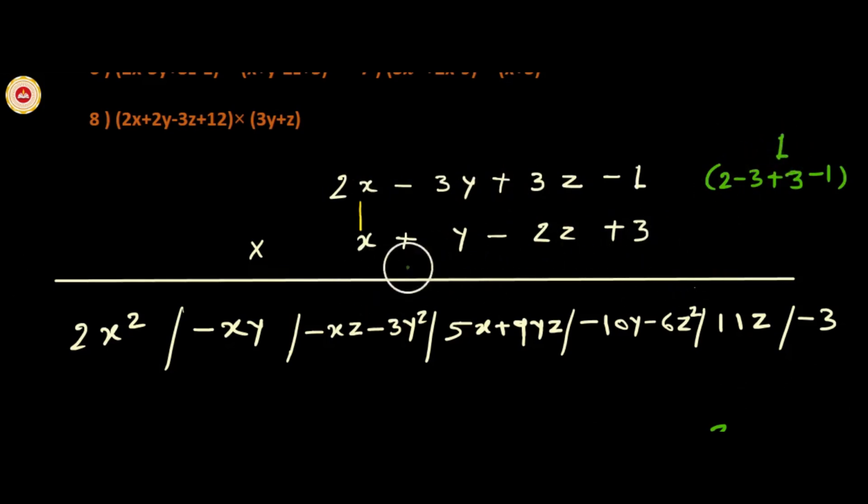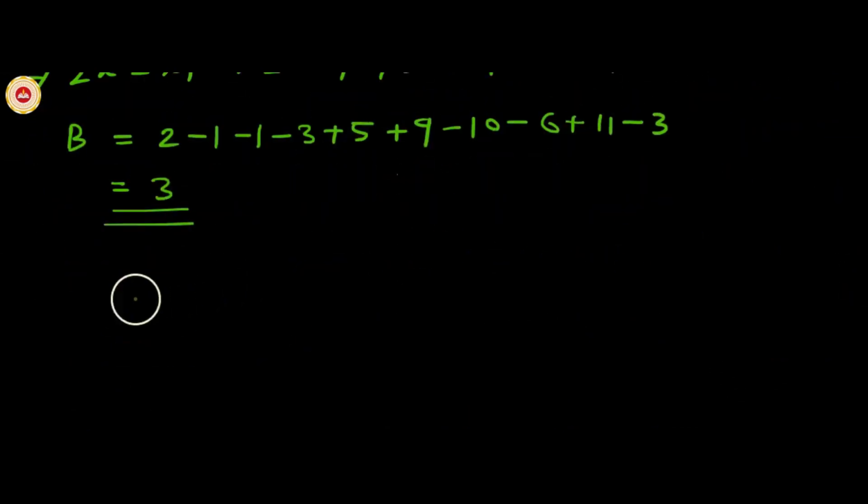Let us calculate the bijank of the multiplier polynomial. 1 plus 1, 1 plus 1. See, minus coefficient of z, that is minus 2, plus constant term 3. 1 plus 1 minus 2 cancel. Consider 3 only. Right? So 1 multiplied by 3 is 3.